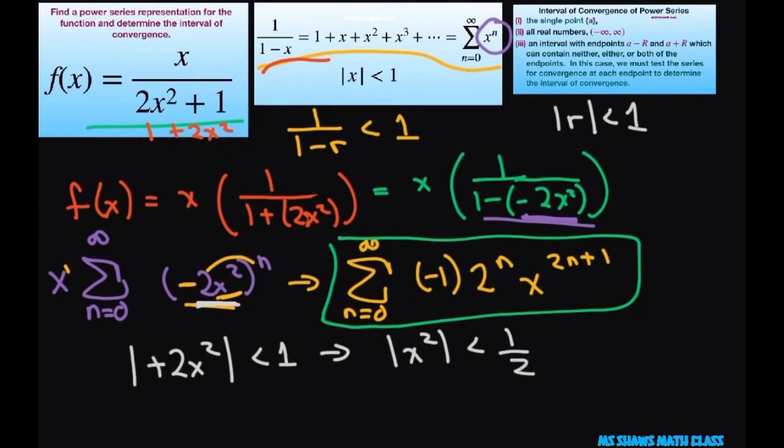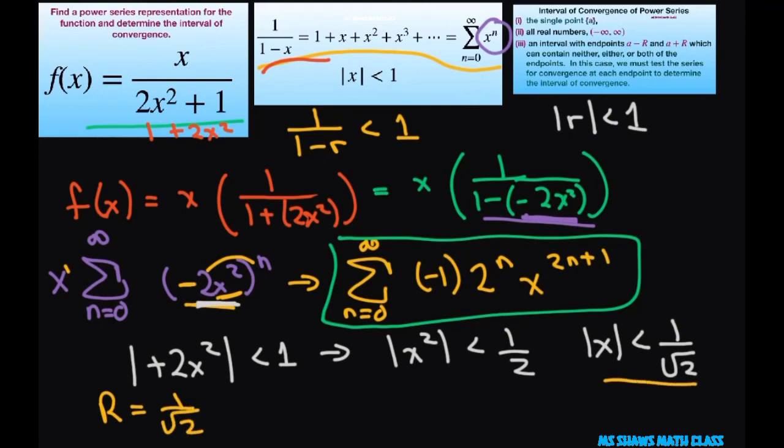When you square root both sides, you're going to get absolute value of x is less than 1 divided by square root of 2. Therefore, your radius of convergence equals 1 divided by square root of 2.